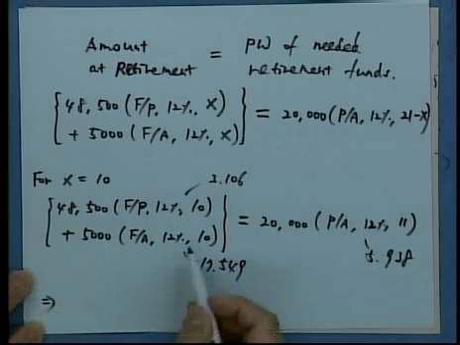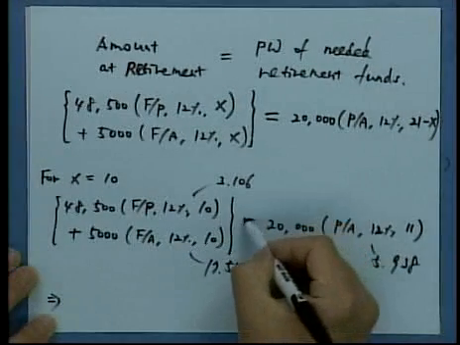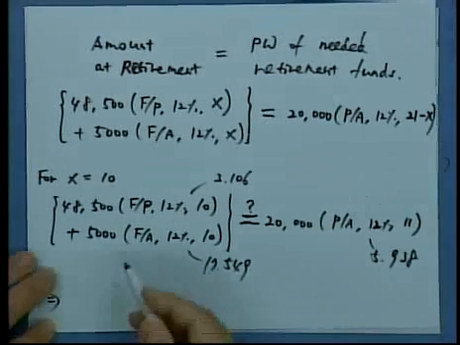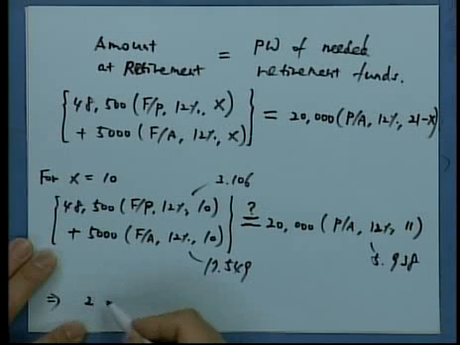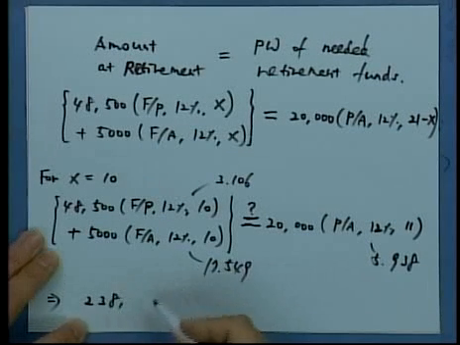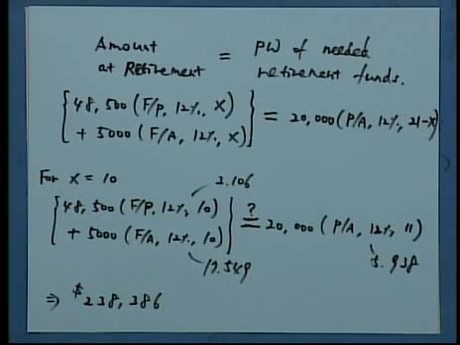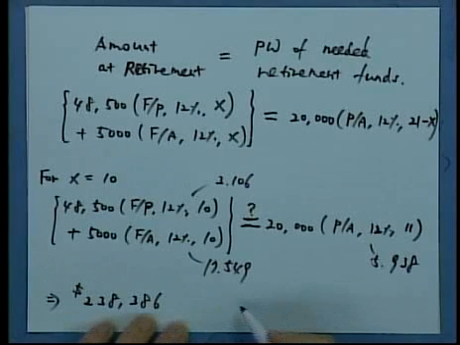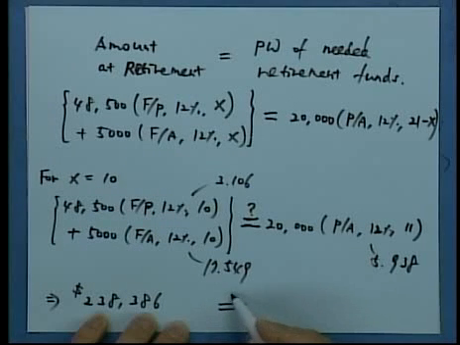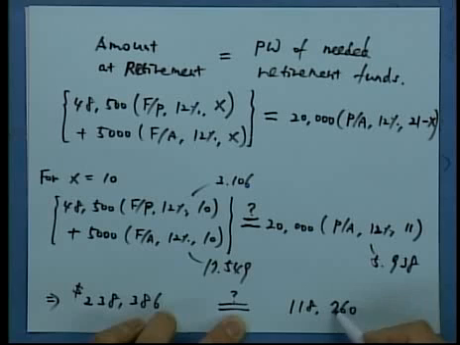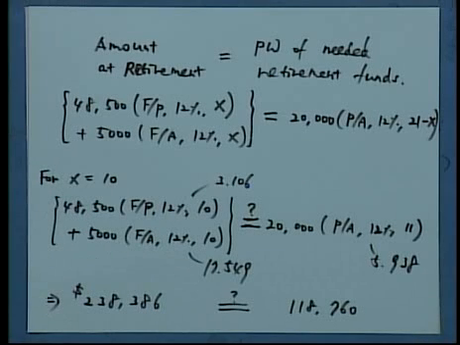So as a result, the left-hand side becomes $238,386. What about the right-hand side? The right-hand side is $118,760. So what can you say from this result?